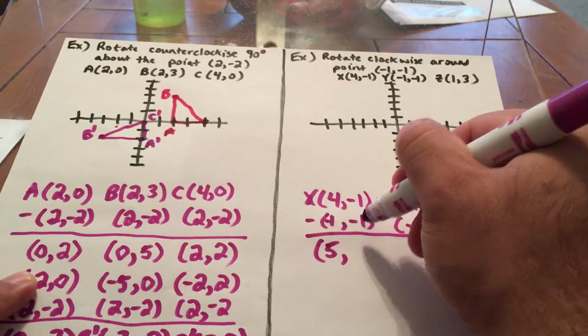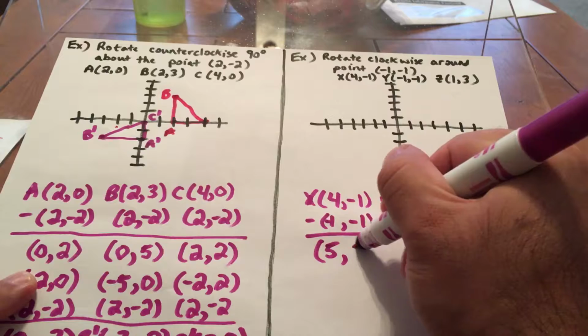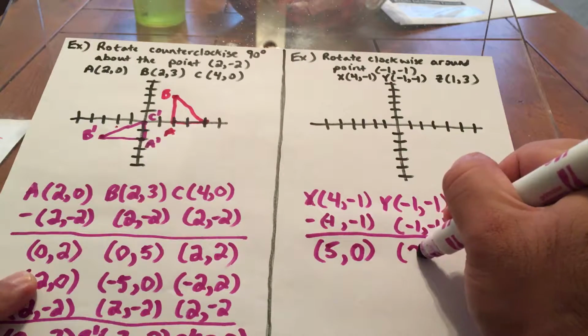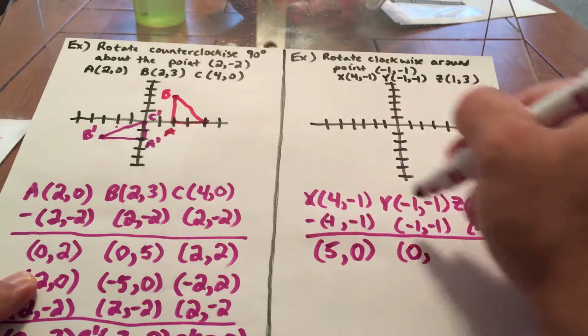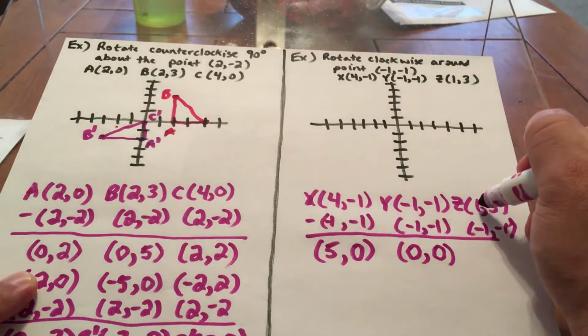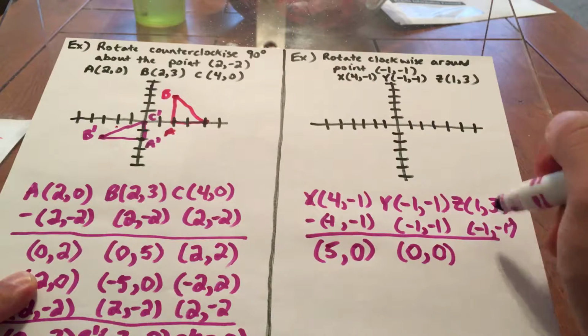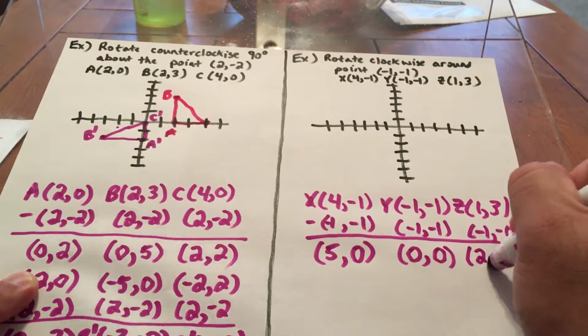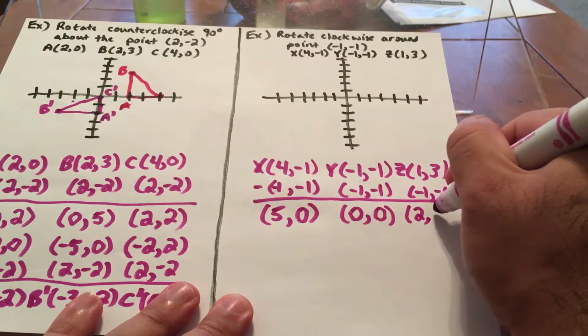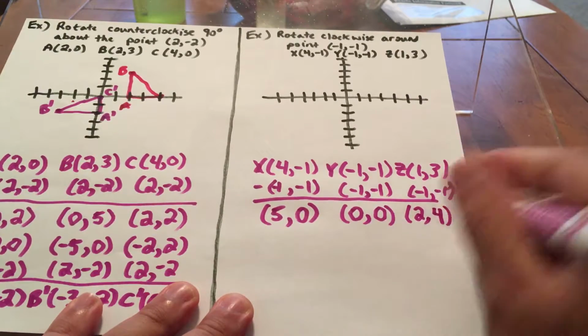Negative 1 minus a minus, that's plus. Negative 1 plus 1 is 0. Negative 1 minus a negative 1, that's negative 1 plus 1, so that's 0. 1 minus a negative, so that's plus, so this is 2. And then we've got 3 minus a minus, so that's plus. 3 plus 1 is 4.